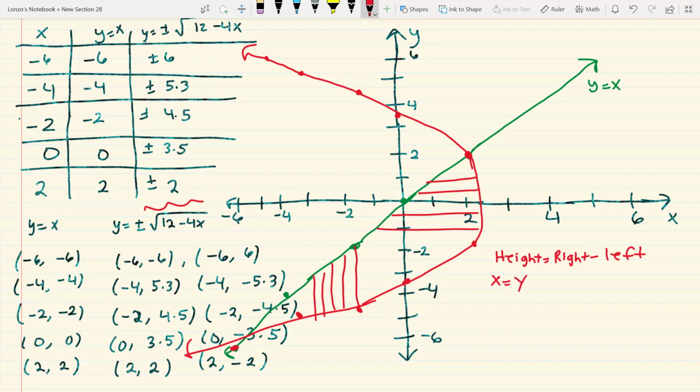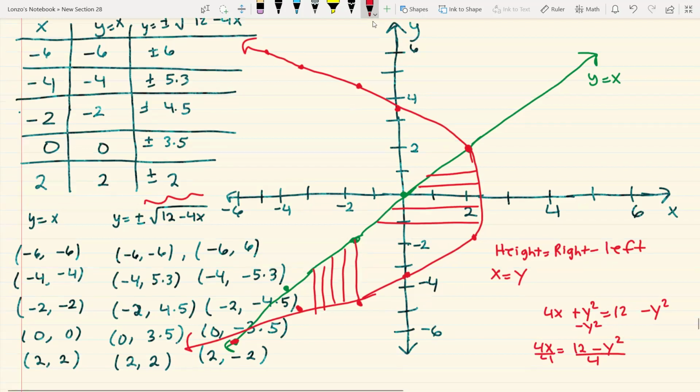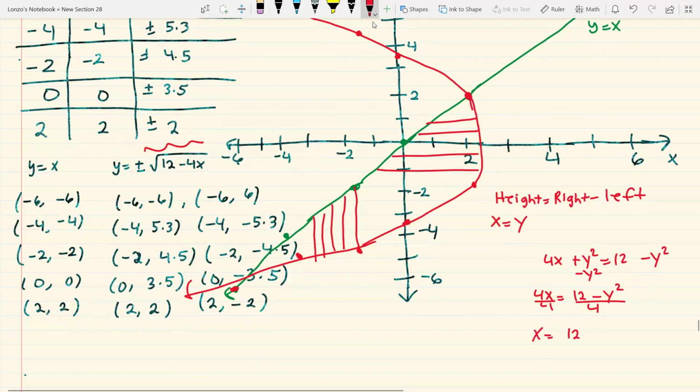The second one, it wasn't. We had 4x plus y squared equals 12. So we have to put it in terms of y, basically solve for x. So I'm going to subtract y squared. And then you have 4x equals 12 minus y squared. Divide this by 4, divide this by 4. X equals (12 minus y squared) over 4.